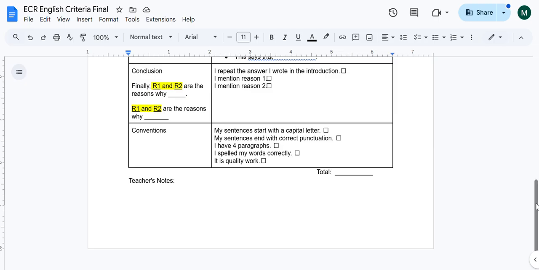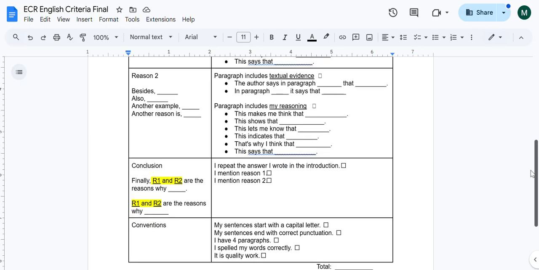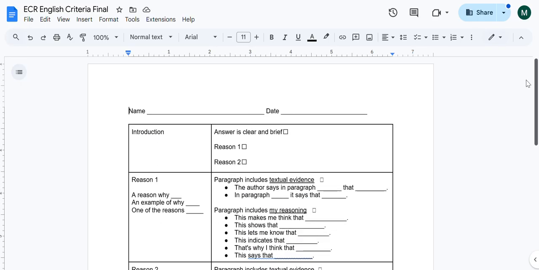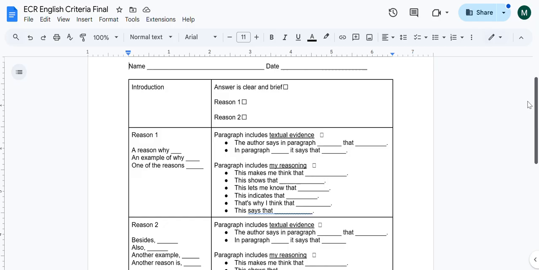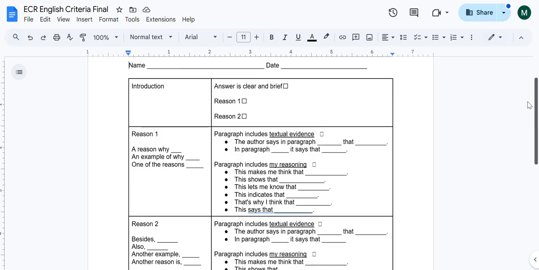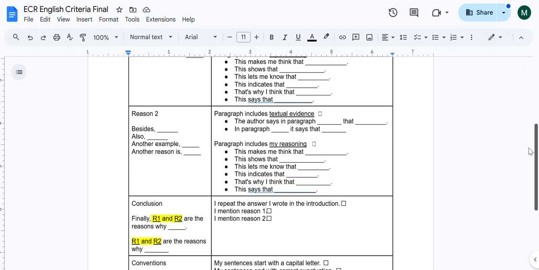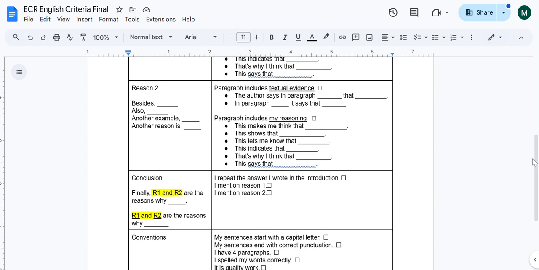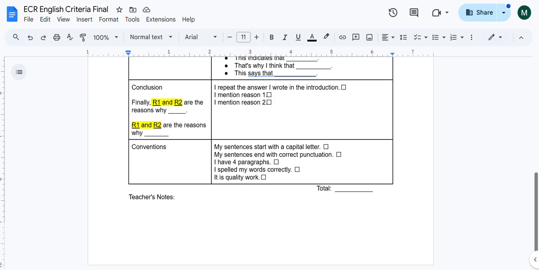And then they come back with their revisions. But I really like this because they get to see what they're doing well, how they're doing, and how they could fix it to make it better. And then you have this to help, okay, this is what they need to work on for their next writing.